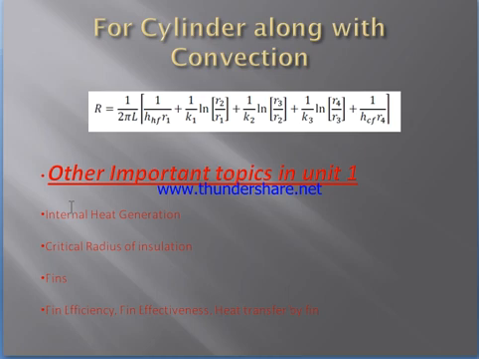So to minimize that effect, we have to insulate the material with a critical radius of insulation. If it is insulated to the critical radius of insulation, the heat which is generated in the internal wire will be transferred through the insulating material to the outside world. So there won't be any heat accumulation in the wire.